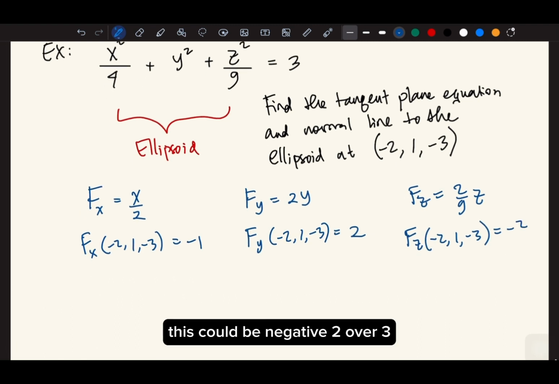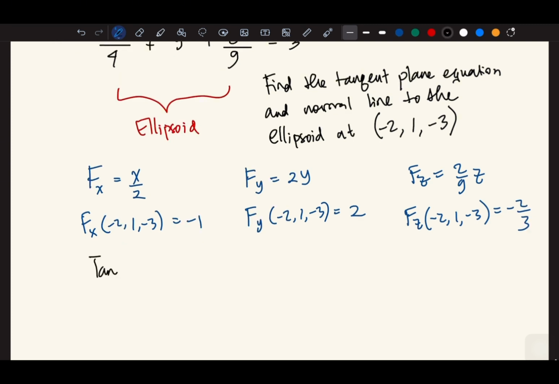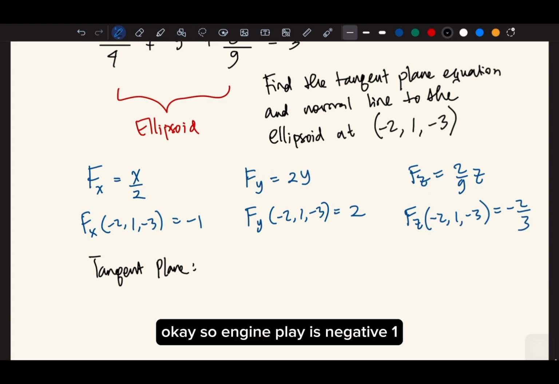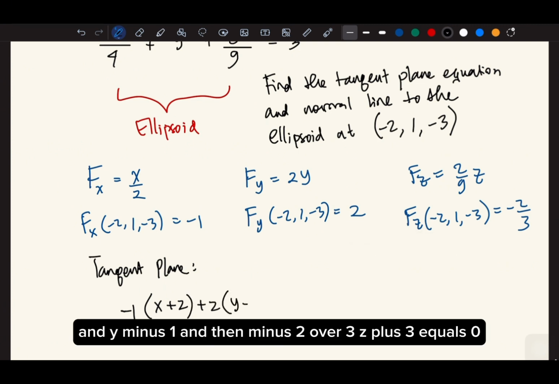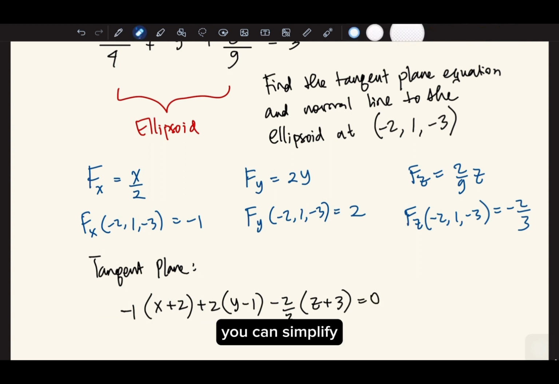This will be -2/3. So then we can set up the tangent plane. Okay, so tangent plane is -1 (x + 2) + 2 (y - 1) - 2/3 (z + 3) equals 0. And then that's it. If you want to simplify, you can simplify it.